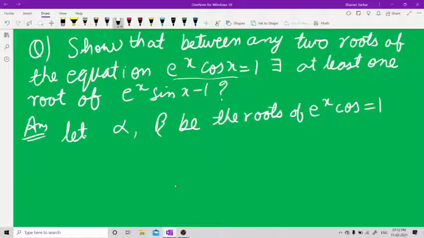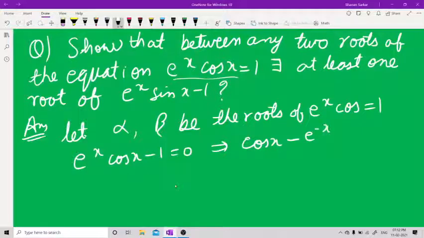We can reframe this equation: e to the power of x cos x minus 1 equal to 0. That means you can write cos x divided by e to the power of x, so this will become e to the power of minus x minus cos x equal to 0.